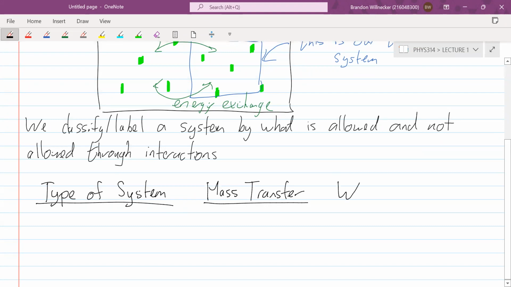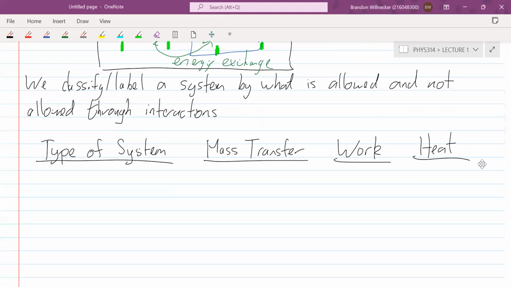The next one is work. We all know what work is. If I push on something, I'm doing work. If something pushes on me, then that thing is doing work. Basically, force times displacement. And heat transfer. We still don't know what heat is, but we will get to that. One step at a time.